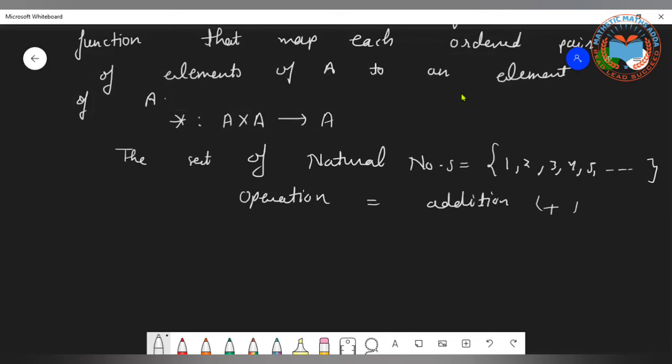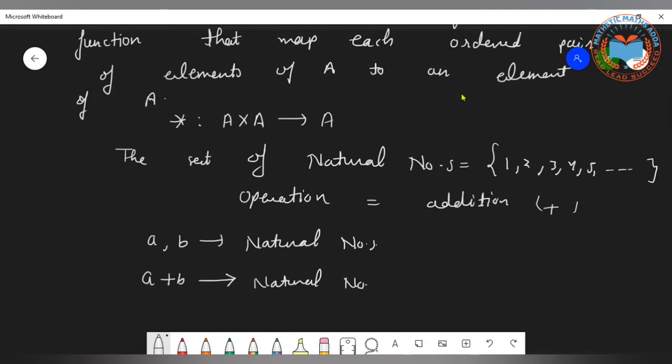If I am taking any two elements from the set of natural numbers, let A and B both be natural numbers, and we add them, then what will be the result? Is it again a natural number or not? We know that the sum of two natural numbers is again a natural number. So if we add A and B, it will be again a natural number.